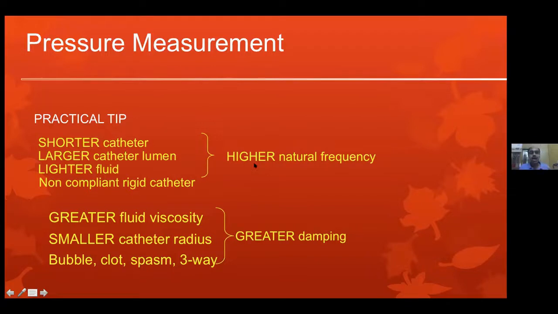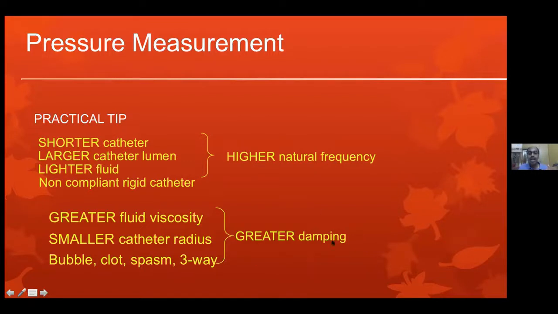If you want a higher natural frequency, you should have a short catheter, a larger lumen, a lighter fluid like saline, and a non-compliant rigid catheter. So the catheter needs to be rigid, not a very flexible tube, short, with a large catheter lumen, and a lighter fluid.